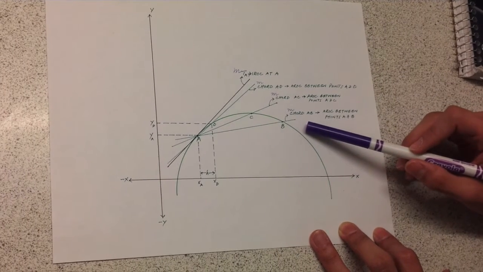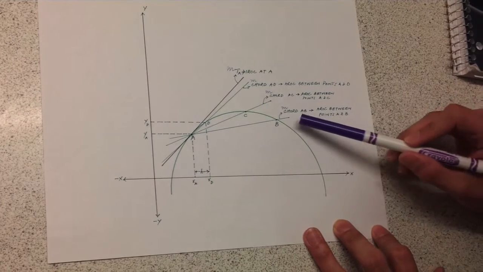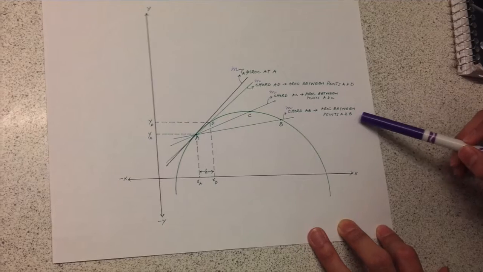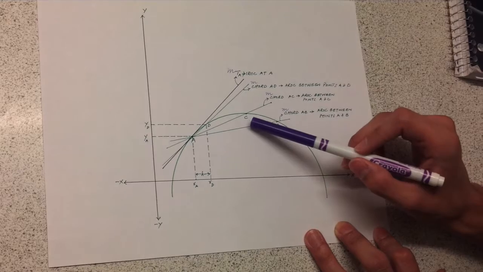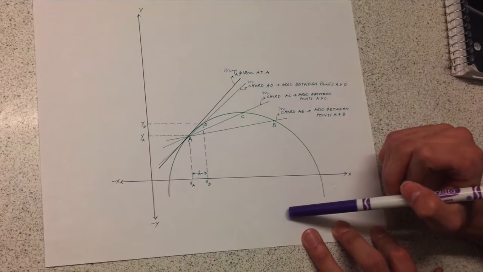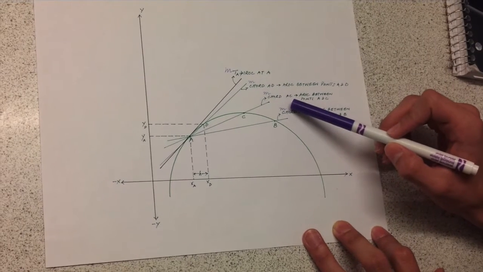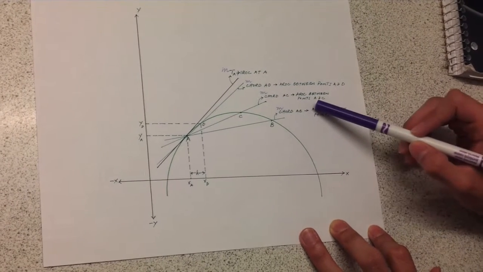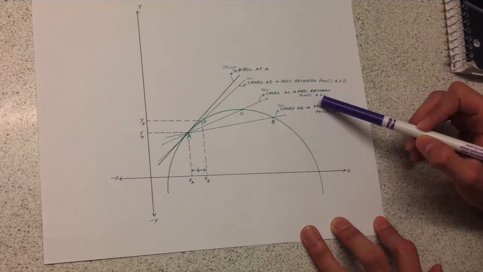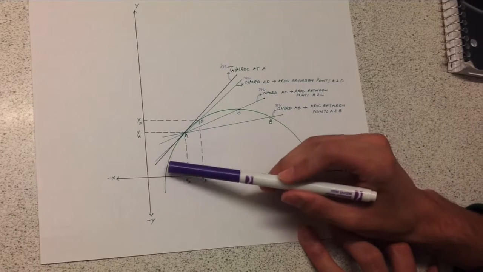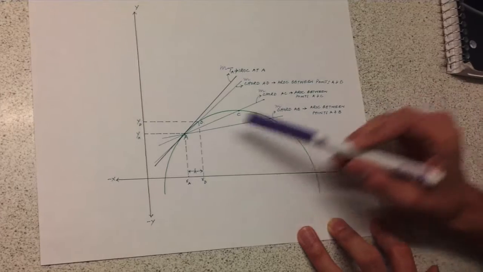In this case, it's the chord of AB, and the chord of AB is the AROC between points A and B. Let's take another point, C. Now, the slope between these 2 points is the chord of AC, which is the AROC between points A and C. And if we take another point, D, the slope of the chord AD is the AROC between points A and D.